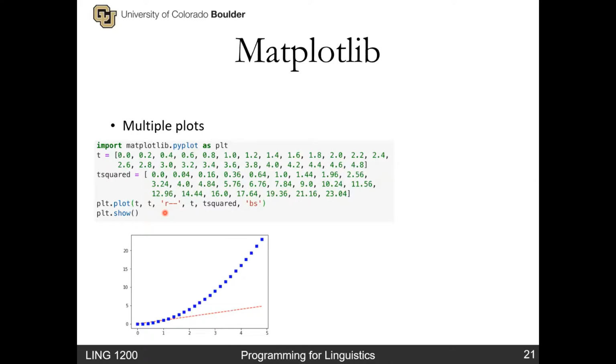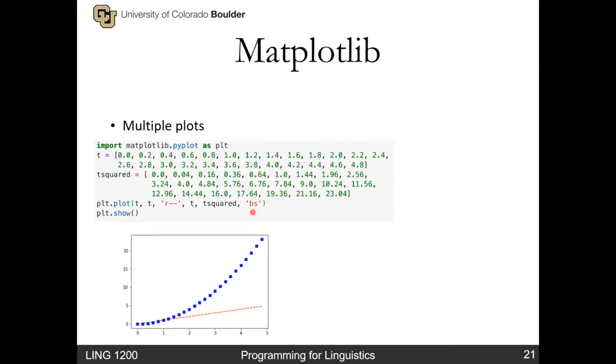So there you have it. The second plot in that same graph is going to take the t values as its x and the t squared as its y values, which is going to give us the exponential growth that we see there with the blue squares. So that's what BS here is in that case. It's blue squares.